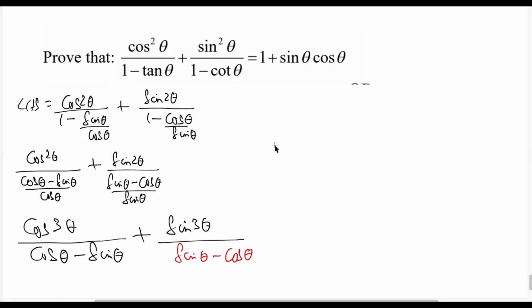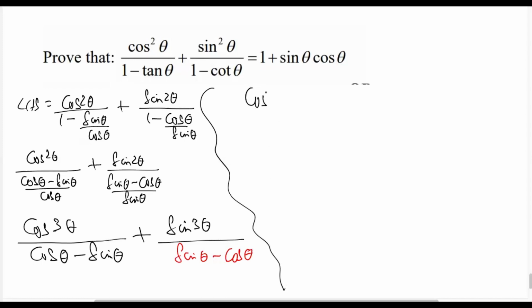I'm going to make some changes over here. I also want this to be cos minus sine, and that is possible if we change this plus sign. On changing this sign, the logic is I'm just taking minus common here so that it becomes cos minus sine, and we'll make this negative.